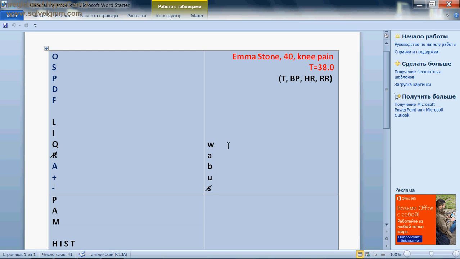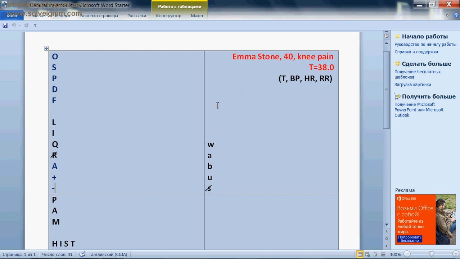Okay, let's say in this case we see a patient with knee pain. Of course, we can skip sleep. We don't have to ask all those components of all our patients.